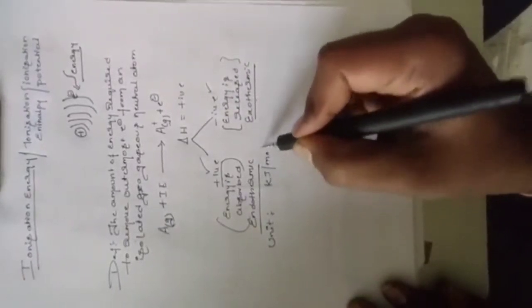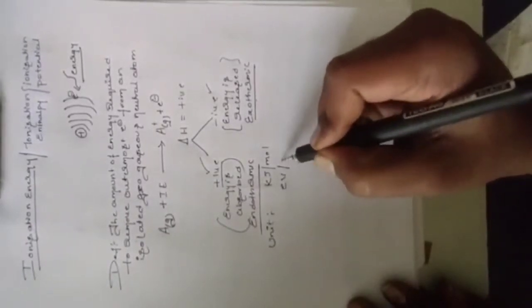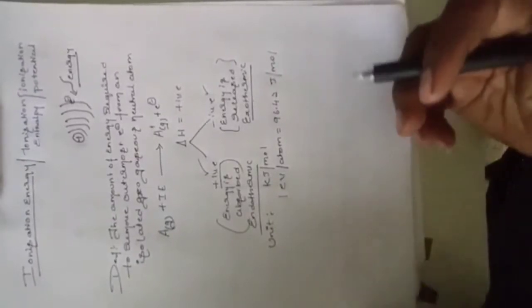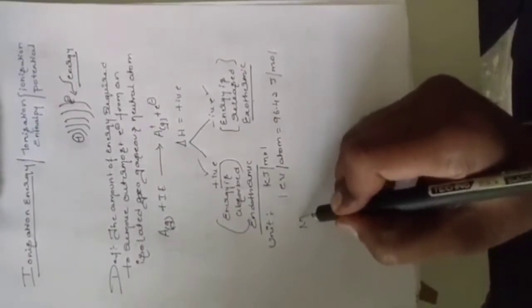The units for ionization energy are kilojoules per mole, or another one is electron volt per atom. 1 electron volt per atom is equal to 96.42 kilojoules per mole. Consider any metal, for example M, a metal in the gaseous state.